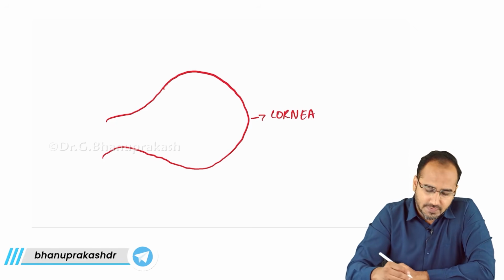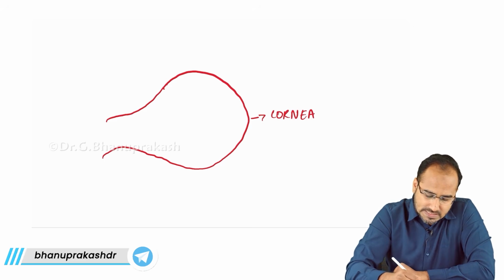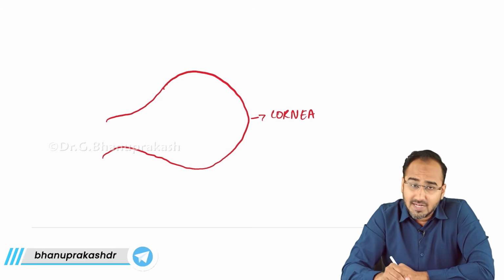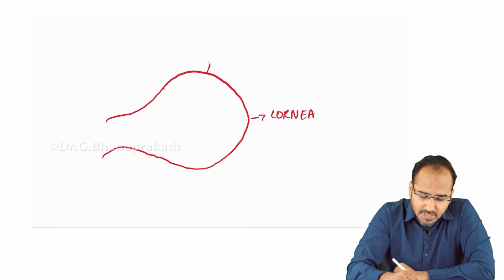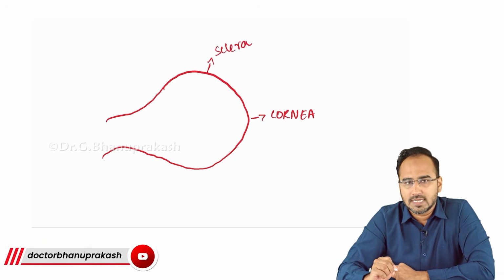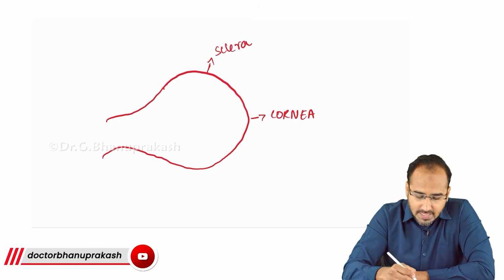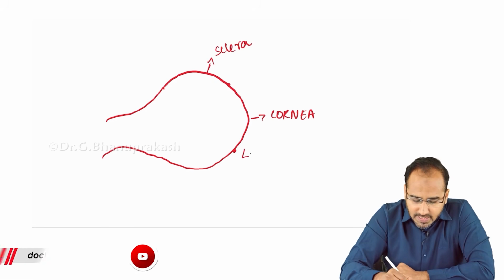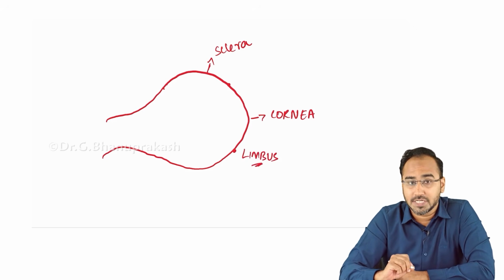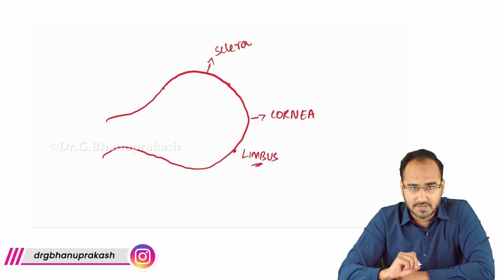Remember, the anterior outermost layer of the eye is the cornea. The posterior outermost layer of the eye is called the sclera. The junction where the cornea and sclera meet is called the limbus, right?